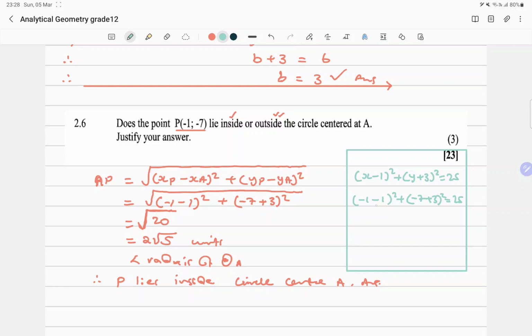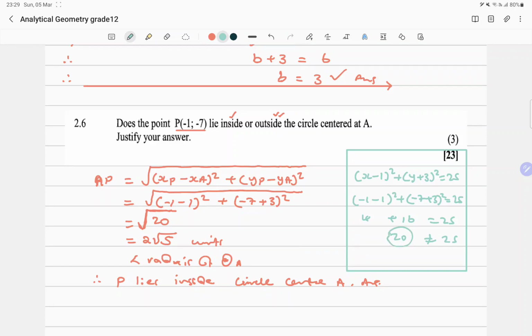Solve this. This is 4, plus this one is 16, not 9. So the left side is 20. You can tell that 20 is not equal to 25. 20 is less than 25.